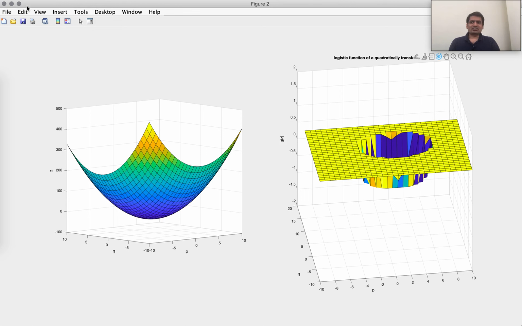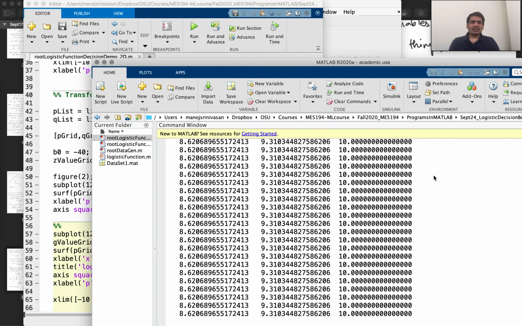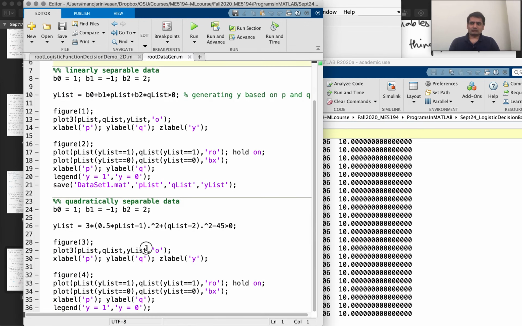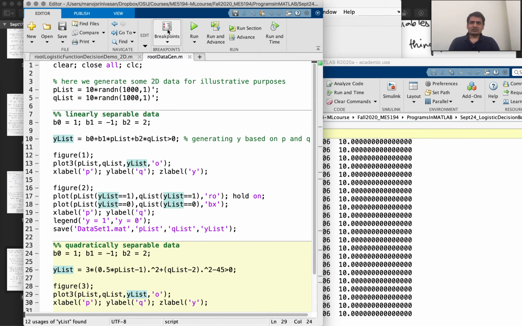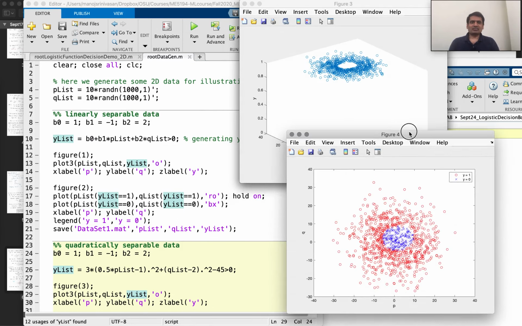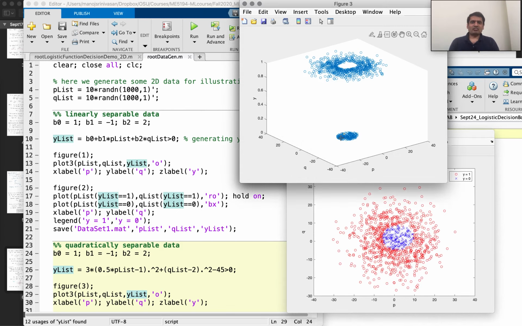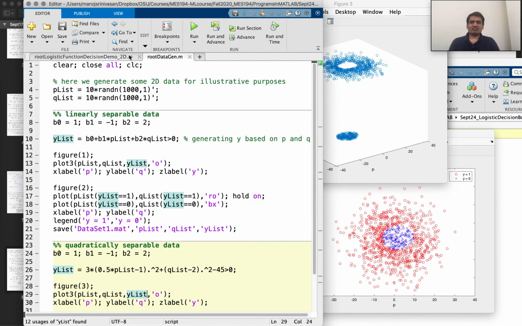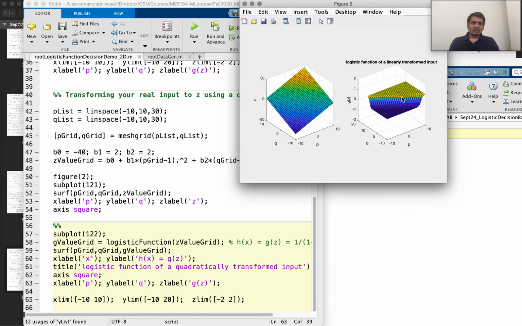So this actually allows us to approximate data that looks like this, right? We just found a function that can approximate data that looks like this. We actually need to put a negative sign because here the inside of the ellipse is 0, the outside of the ellipse is 1, whereas for this function that we created, the inside is 0, the outside is 1.